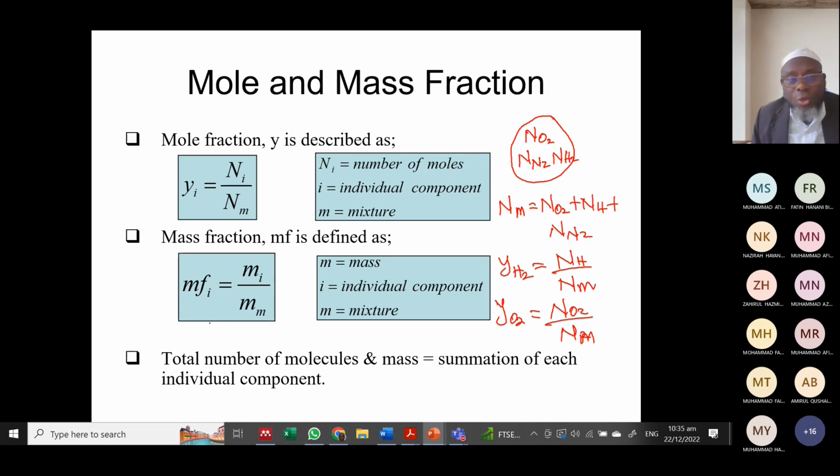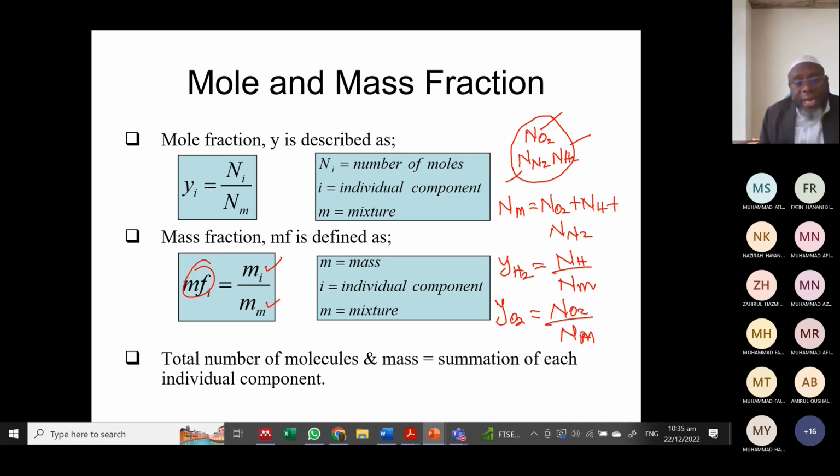Mass fraction is the same. If we represent this by mass of oxygen, mass of hydrogen, and mass of nitrogen, then the individual mass fraction is given by MF, the mass of the individual component divided by the total mass.